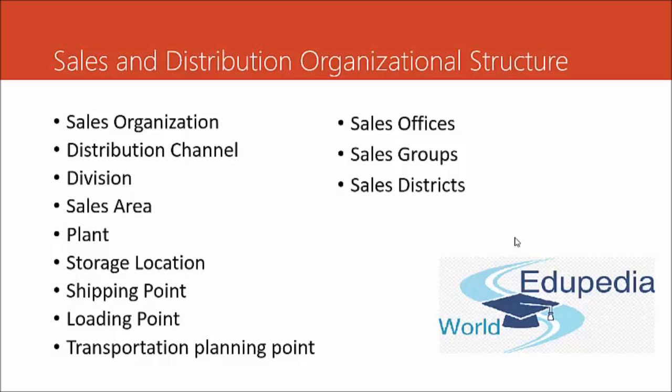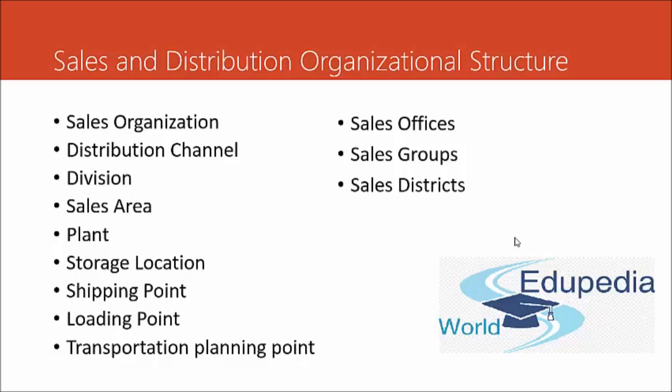We defined a plant and assigned the plant to the company code. And after that we assigned our sales organization and distribution channel to the plant. We defined a storage location and assigned that storage location to the plant. We created a shipping point and assigned that shipping point to the plant. We defined a loading point.